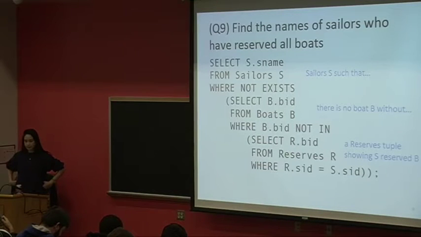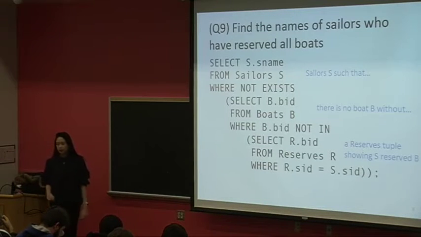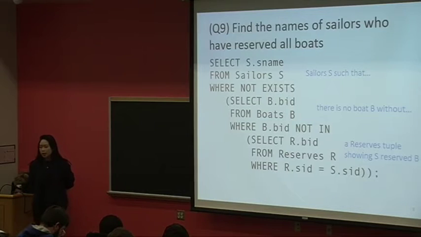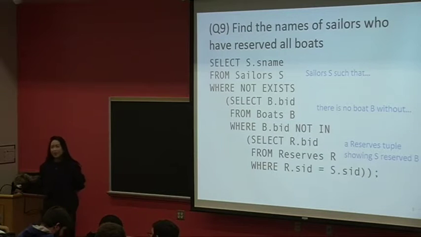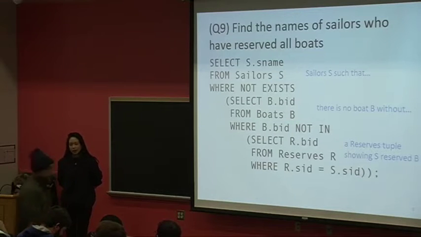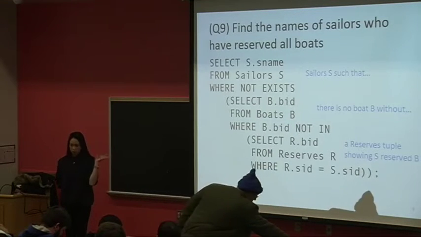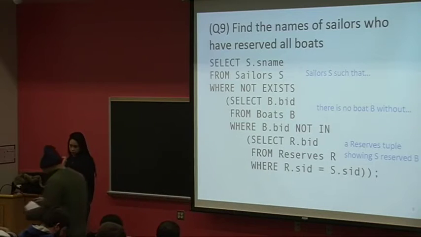Okay? Yeah? Why did we interchange the order between both sentences? Like, why was reserved the innermost query and boat one query? We generally start with sailors, reserving, and boats. How would you do it if it were for sailor reserve? I'm not clear on that. Okay, yeah, so the idea is because we eventually want sailors that reserve all the boats.